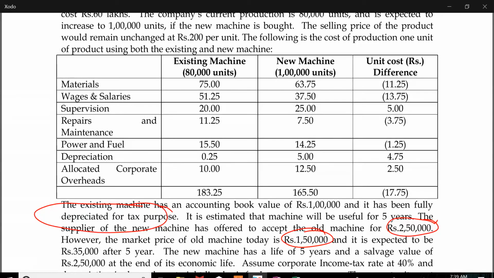When you learn PGBP you will keep learning about this. There is a different depreciation in the Companies Act, different depreciation in the Income Tax Act, that leads to a difference in the value of the asset. So in this case, in your books of accounts you are yet to charge off depreciation, but in income tax you went ahead and charged off fully. So in income tax it has a value of only 0.